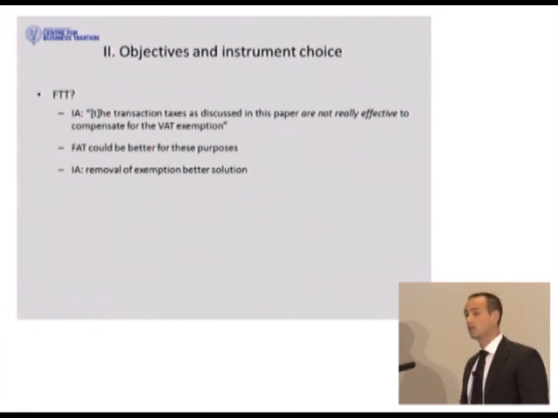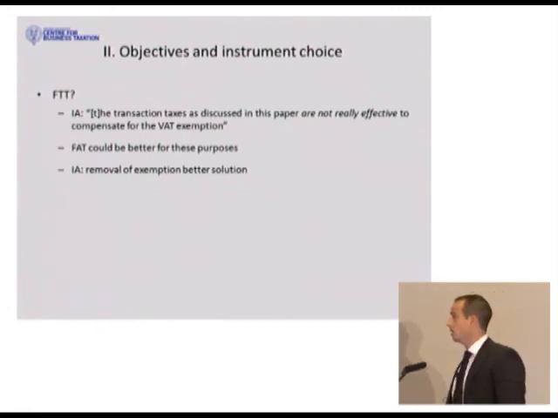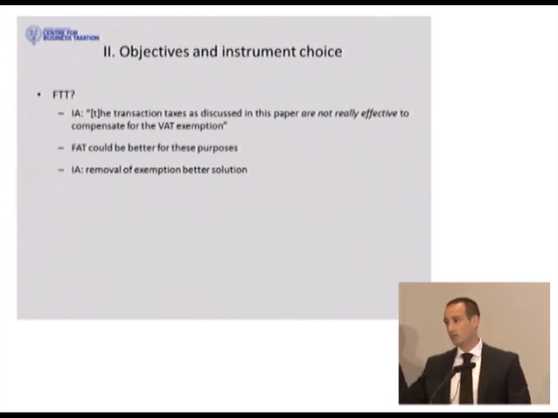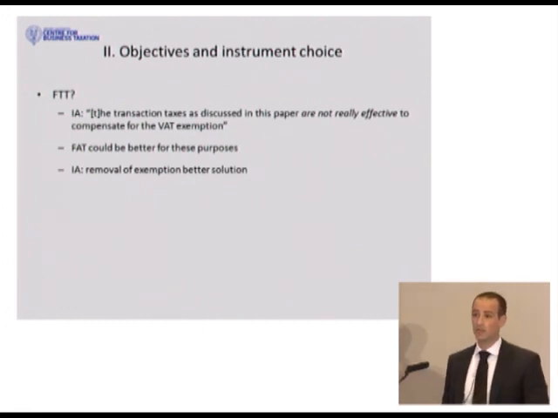An FAT, in fact, could be better for this purpose. As I said, there are different types of FAT, but one type of FAT actually results in a tax on value added, because profits and remuneration, of course, are equal to value added. An even better way of achieving this objective would be to remove the exemption altogether, as the Commission itself recognizes.